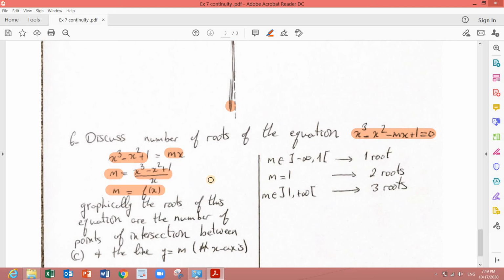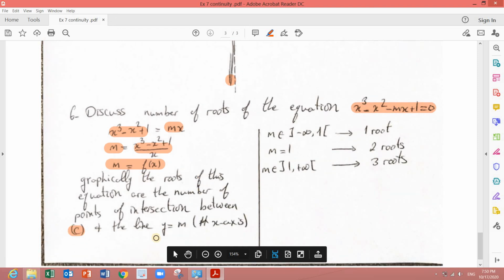Geometrically or graphically, from last year we have solved such exercises. The number of roots of this equation are the number of points of intersection between C and the line y equal m, which is parallel to the x-axis.